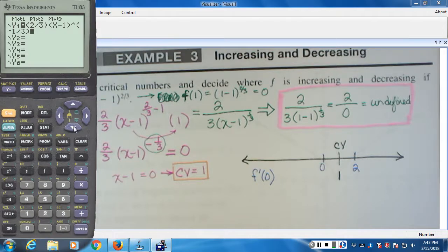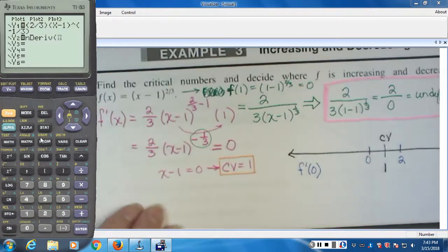If you want to make sure that you did it right, you can always go math down to number 8. Tell it the original function is x minus 1 raised to the 2/3 power.